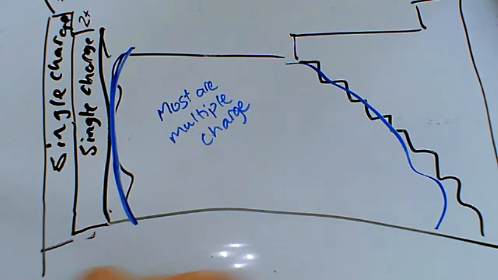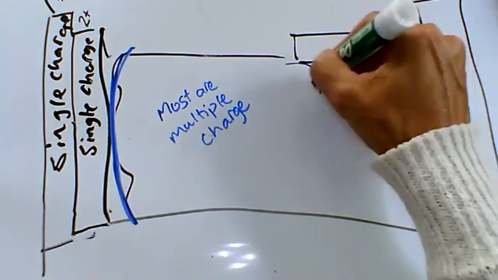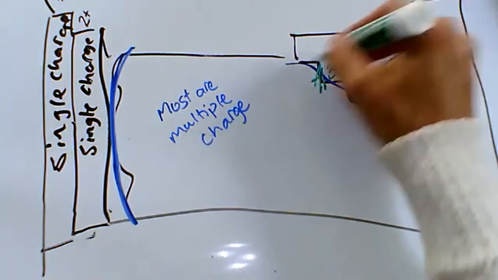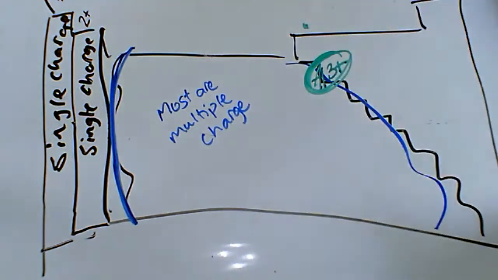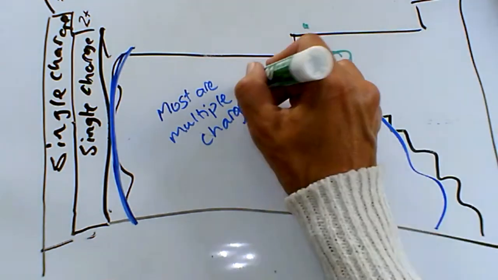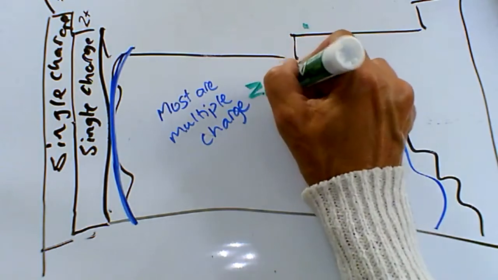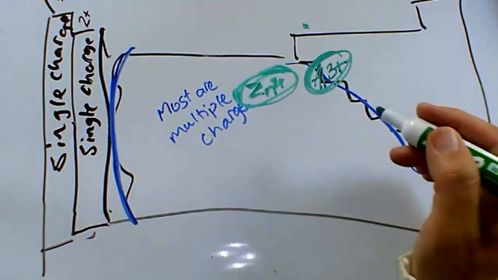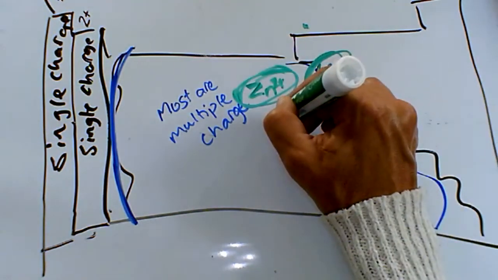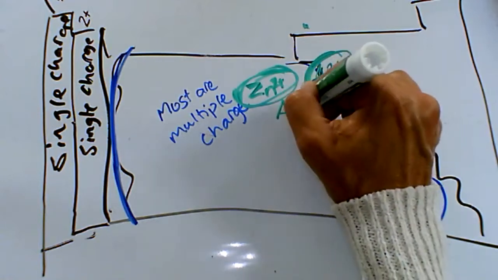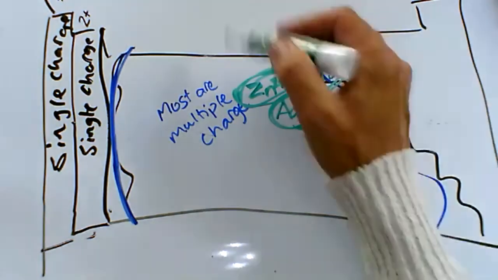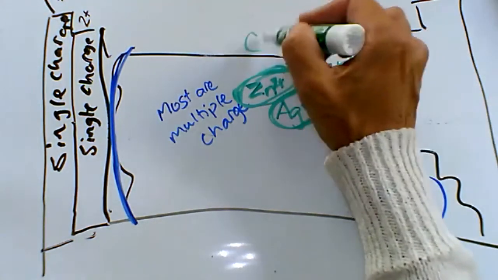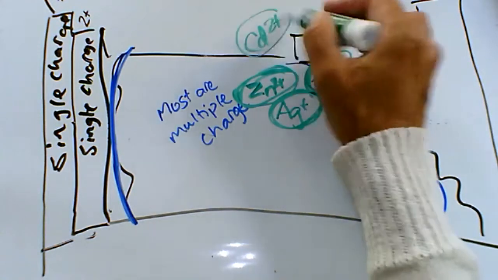I'm going to give you some exceptions. Aluminum is somewhere right here. Aluminum is always a 3. Another exception is zinc. It's always a 2. Silver, always a 1. I do not have my periodic table here, but I think cadmium around here is always a 2.